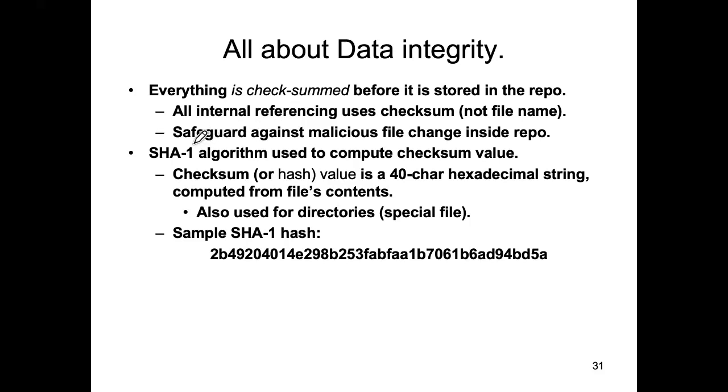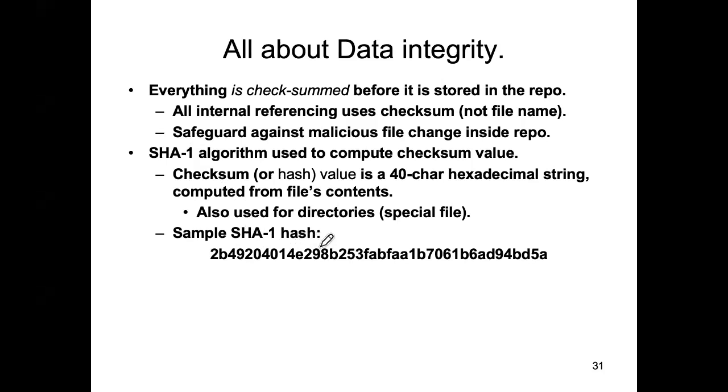The particular hashing algorithm that it uses is called the SHA-1 hashing algorithm. You may come across that in the security module. I'm not sure if it's this semester or the next semester you do the security module, but this is just an algorithm, a hashing algorithm. A hash itself looks something like this. It's a 40-character string, essentially.